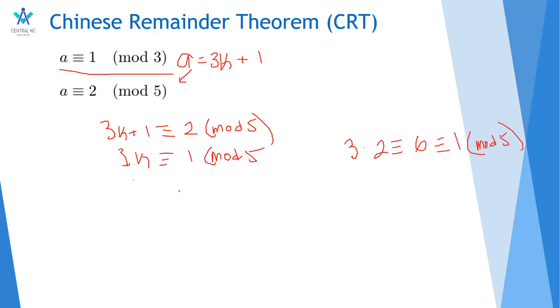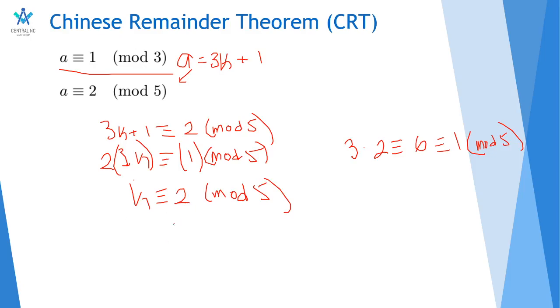All right. Now that we have that information, we can multiply both sides of this congruence by 2, and that'll give us an isolated k, which is congruent to 2 modulo 5. Now what we're going to do now is do the same thing as we did for the first congruence.